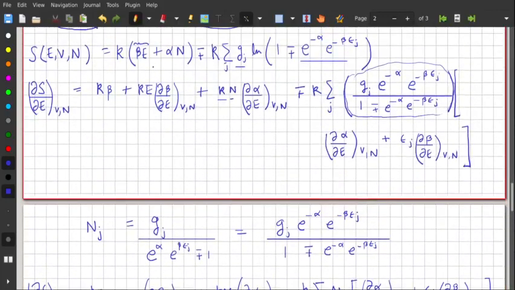What we did was differentiate now with respect to N. Again we need to remember that alpha and beta are functions of N here.